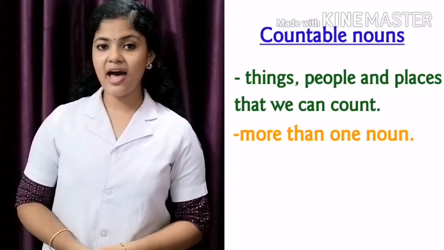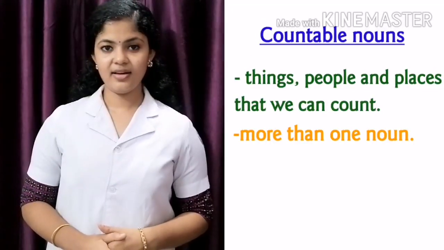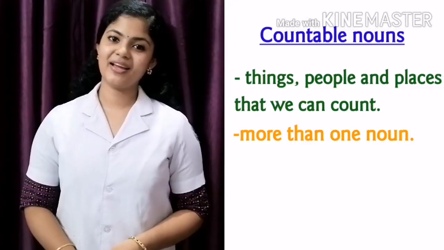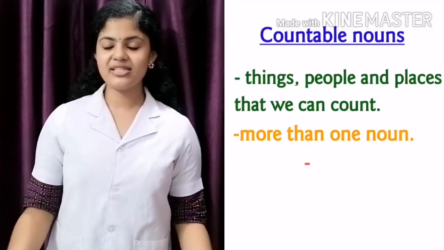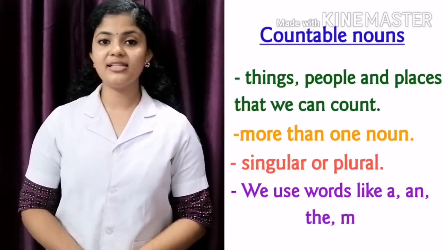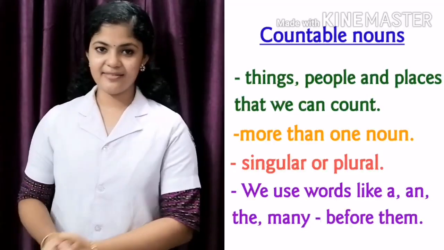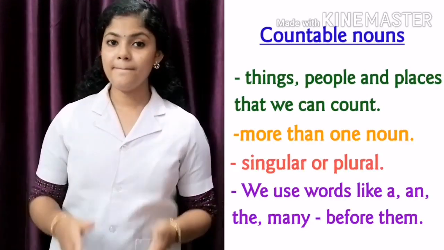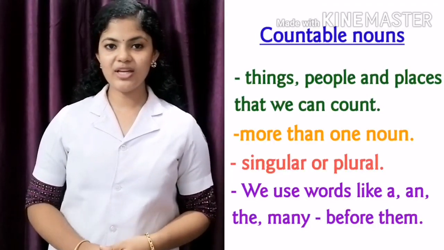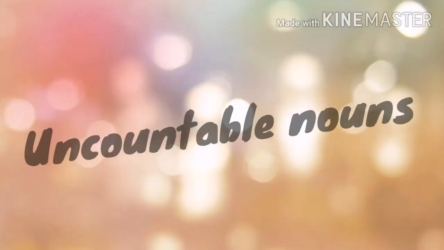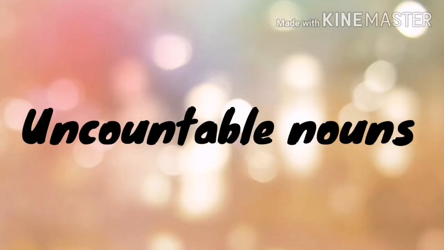When I say I have 3 cats, it is more than 1. Okay, so countable nouns can be singular or plural, and we can use the articles a and the. And we can also use the word many with these nouns. Uncountable nouns we will discuss later. Now we look at uncountable nouns.